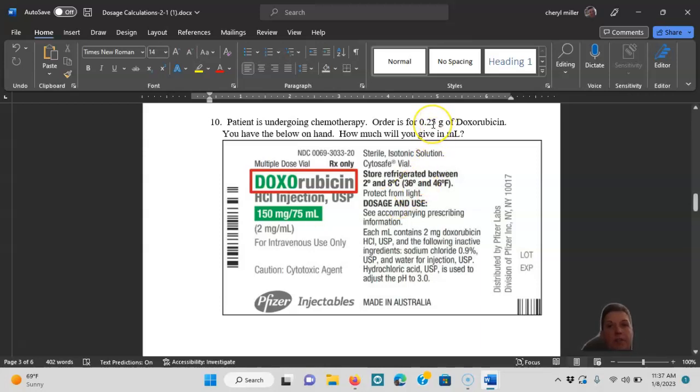Well, I can put 250 over 150 times 75, or I can go ahead and look down here on my label, which says 2 milligrams per mil. If it's 2 milligrams per mil and I want 250, divided by 2 equals 125. Okay?